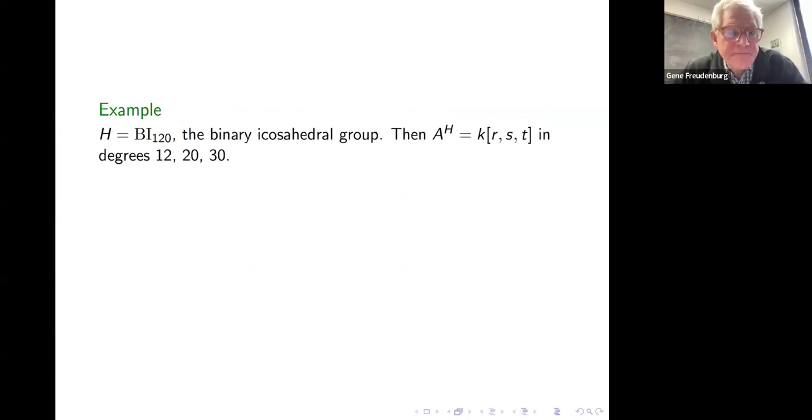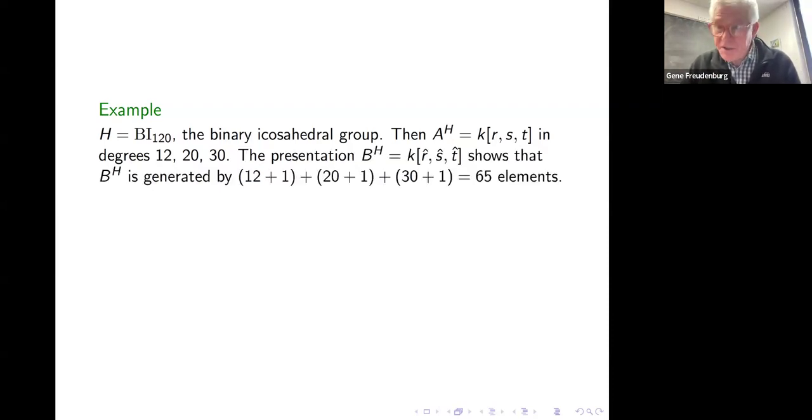And then finally, my final example, the binary icosahedral group. And I'm not going to give the same kind of details, but I just want to observe the following. We know from Klein's list that this invariant ring is given by three polynomials in degrees 12, 20, and 30.